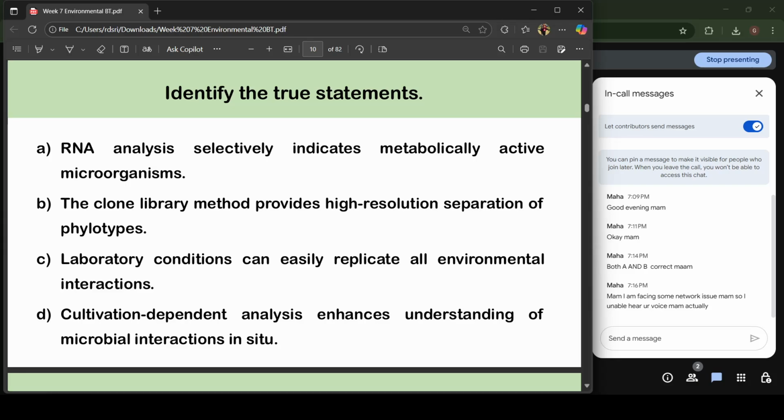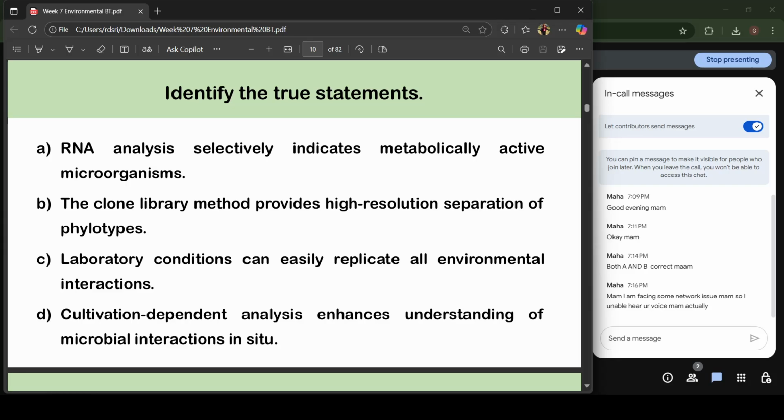The third statement is laboratory conditions can easily replicate all environmental interactions. This statement is absolutely false, because laboratory conditions cannot replicate the environmental interactions. That is why we have divided the methods in environmental biotechnology into different categories. One is doing laboratory experiments, and the other is in situ monitoring.